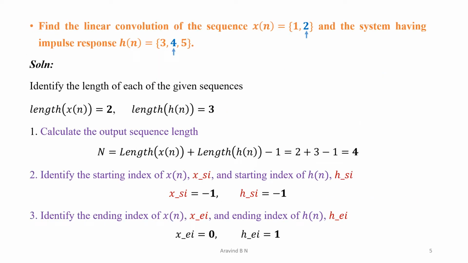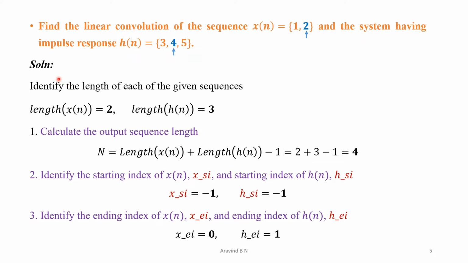Let us go through one more problem on linear convolution wherein the given sequence the first element itself is not the origin. Let us go through the problem statement. Find the linear convolution of the sequence x of n is equal to 1, 2 and the system having the impulse response h of n is equal to 3, 4, 5.